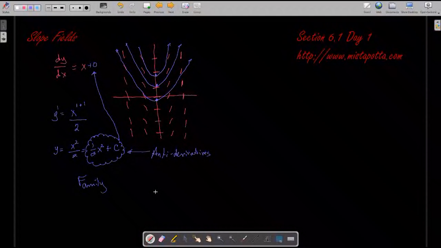Because these antiderivatives are our solutions to differential equations. And the slope field is the major tool for finding a graphical solution to a differential equation, as opposed to an analytic solution. But we should find some agreement between them.